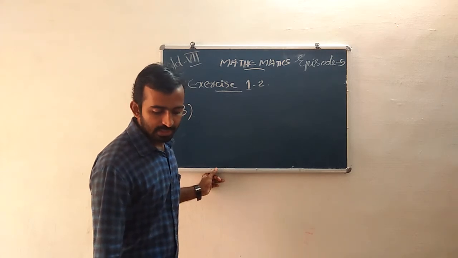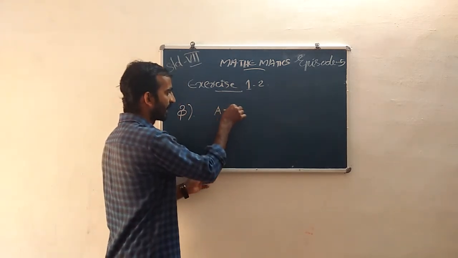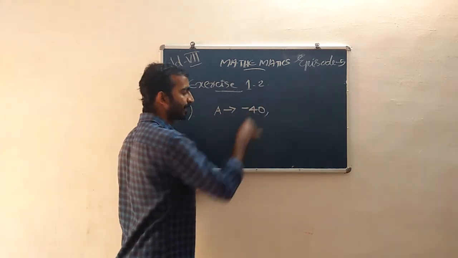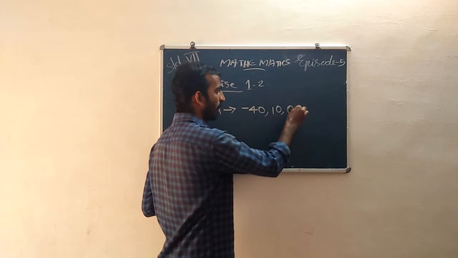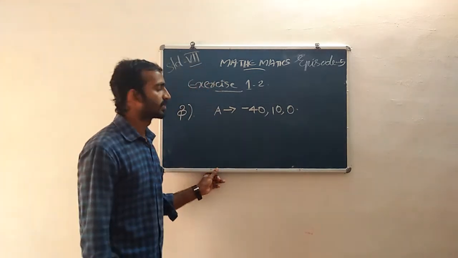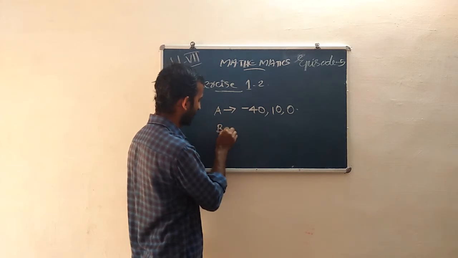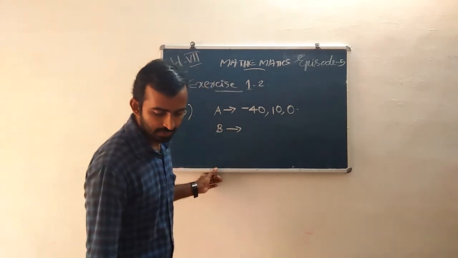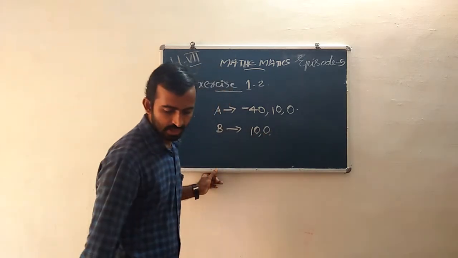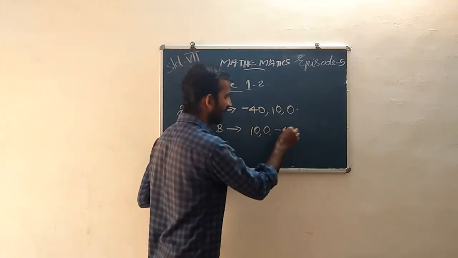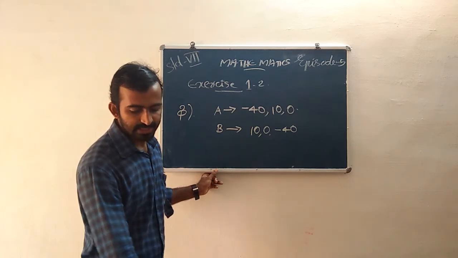In a quiz, team A scored negative 40, 10, 0, and team B scored 10, 0 and negative 40 in 3 successive rounds.